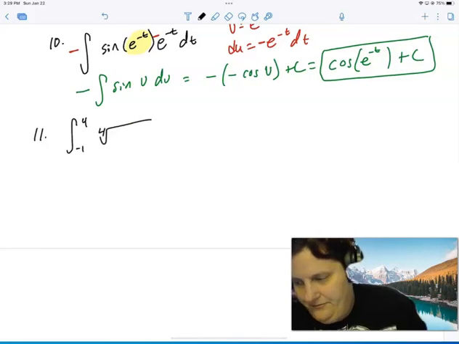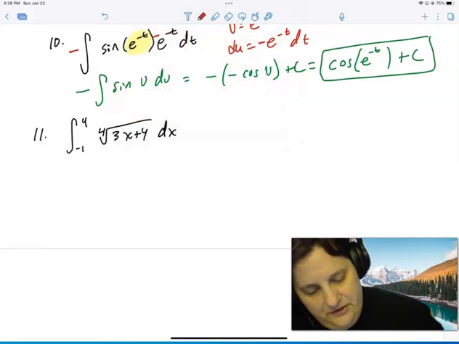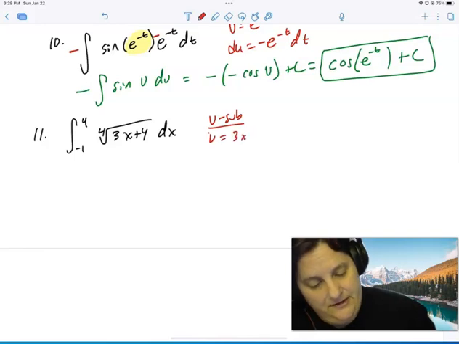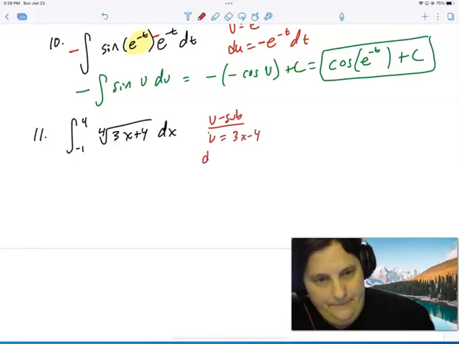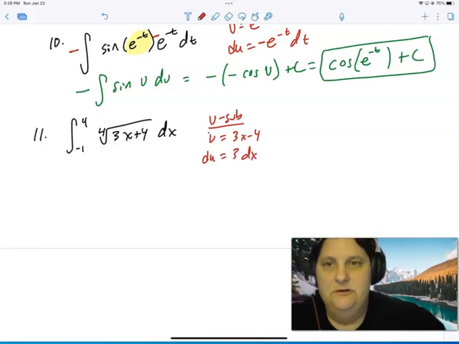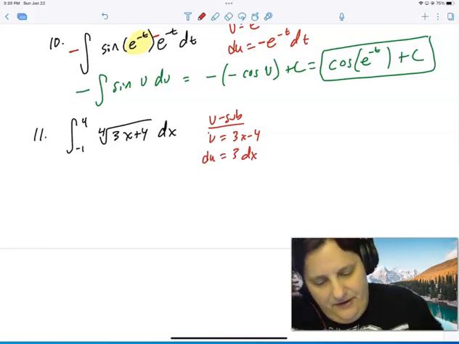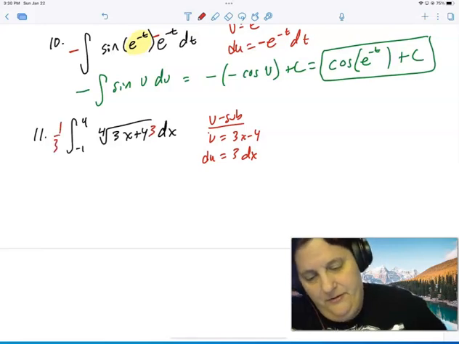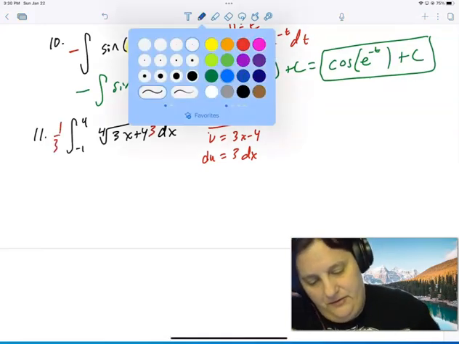This is the fourth root of 3x plus 4 dx. This is definitely a u sub problem, where u is going to be 3x minus 4, and du is going to be 3 dx. Okay, so I've got my 3 and my 1/3, and I go like this.